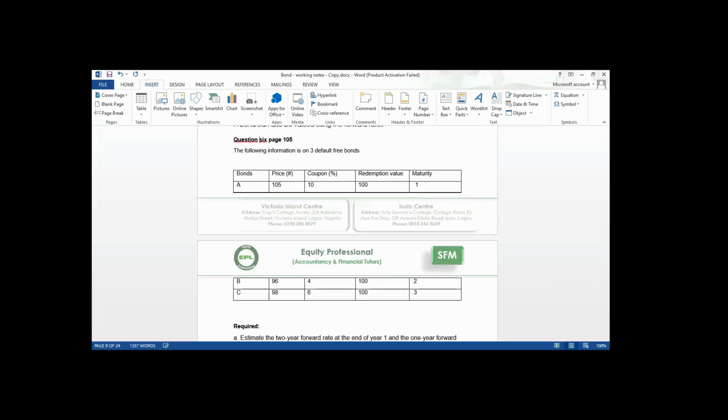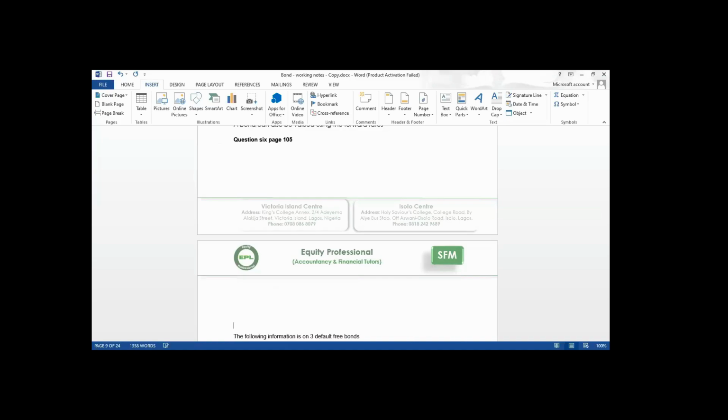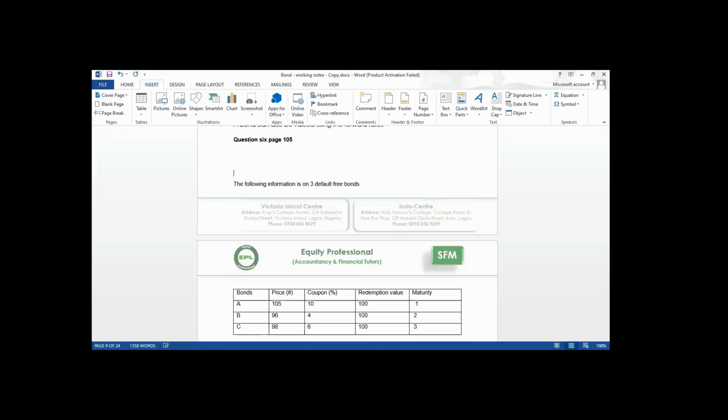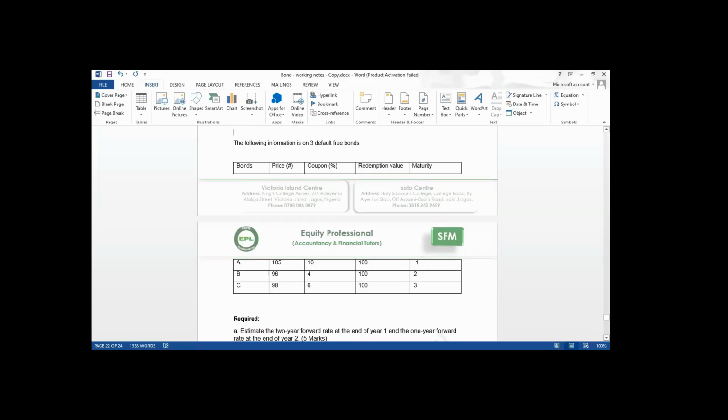The question says, the following information is on 3 default free bonds.